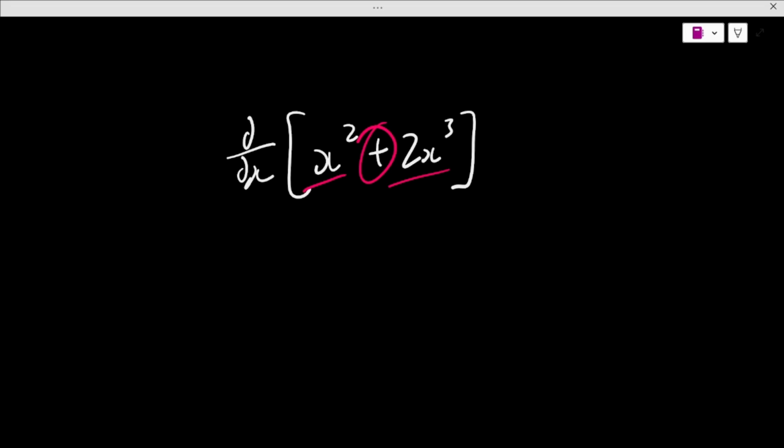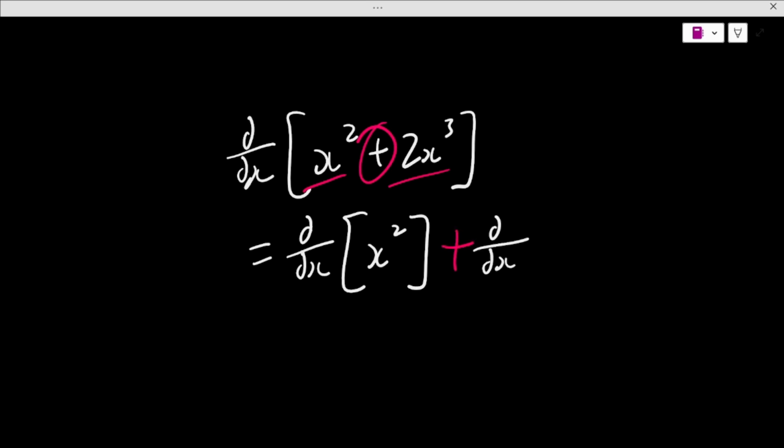So we can simply differentiate x squared and 2x cubed and just add them together. So this is equal to the derivative with respect to x of x squared plus the derivative with respect to x of 2x cubed.